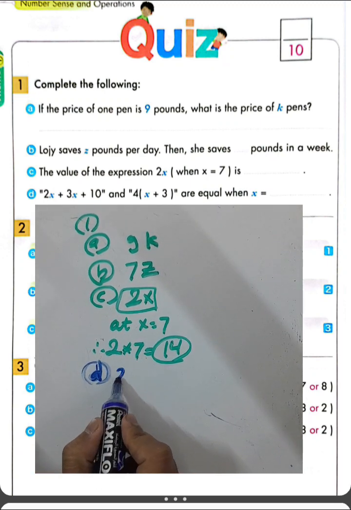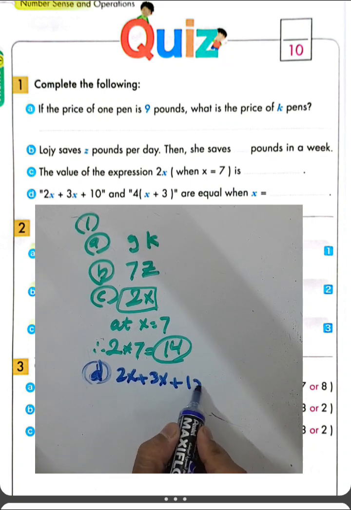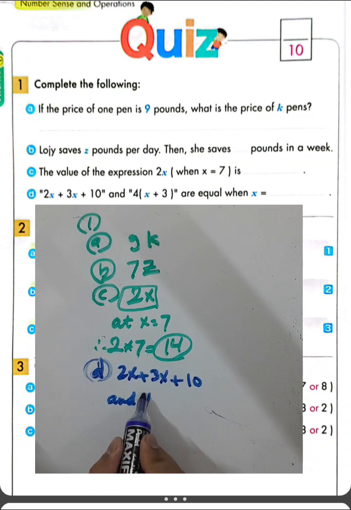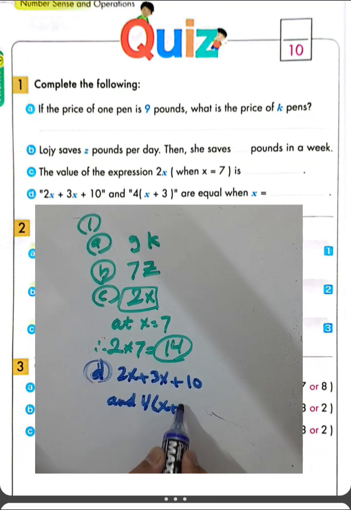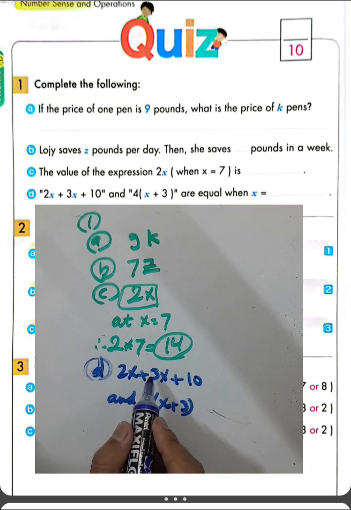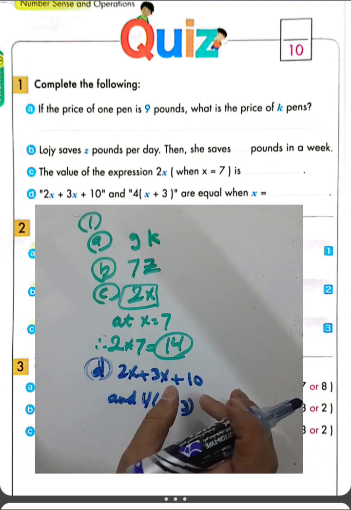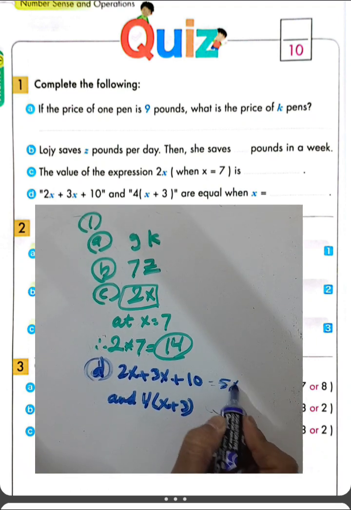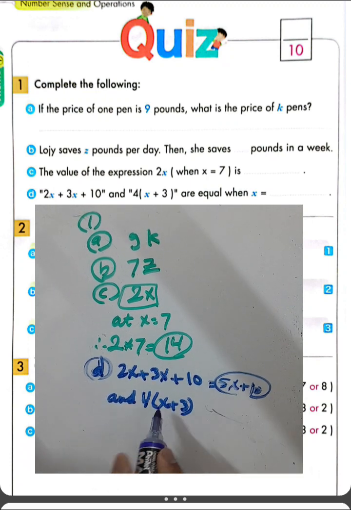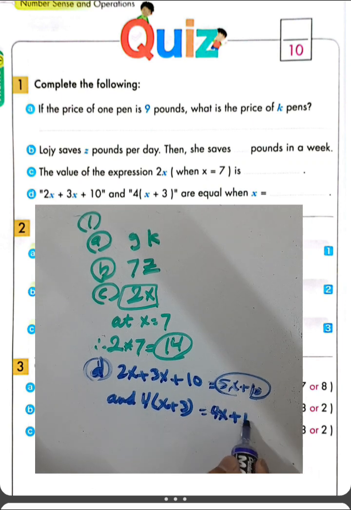2x plus 3x plus 10, and another expression 4 times (x plus 3), are equal when x equals what? We know 2x plus 3x equals 5x, so 5x plus 10 is its simplest form. And the other expression is 4x plus 3 times 4, which is 12.